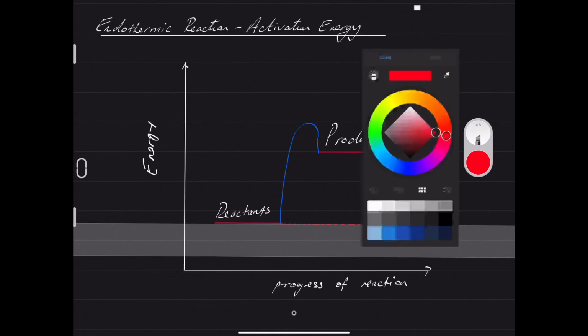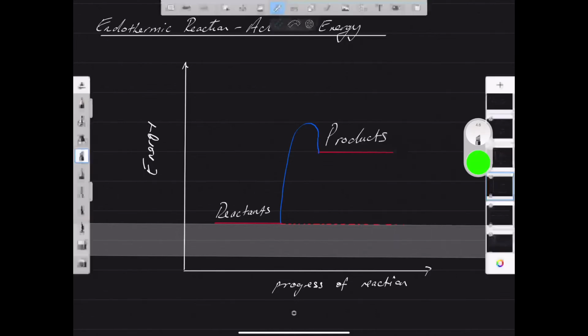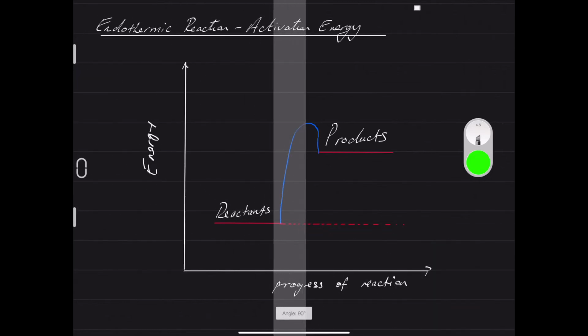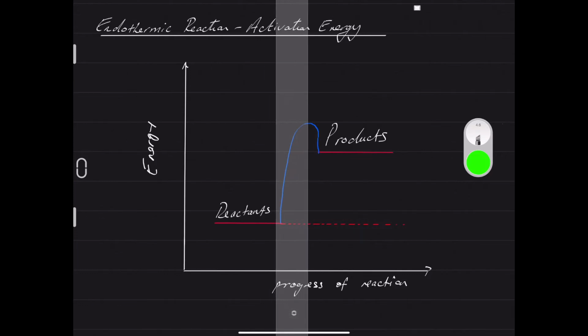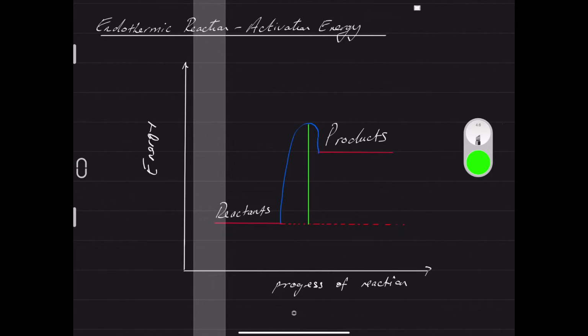Let's put it in green as before. The activation energy is the top part of the peak. It's exactly the same for an exothermic reaction in terms of where we're locating it. So to represent it easily, we locate the top part of the peak, and this is the same for exothermic reactions, and we bring it down to the level of the reactants.